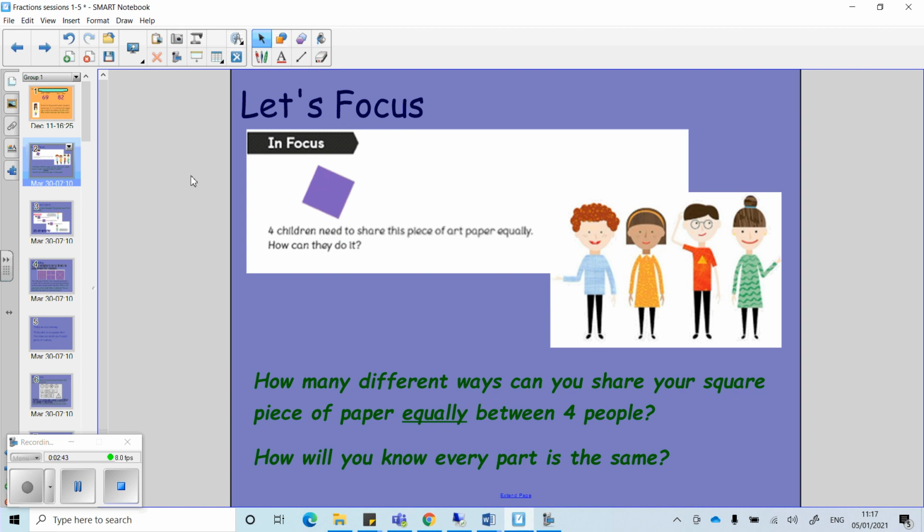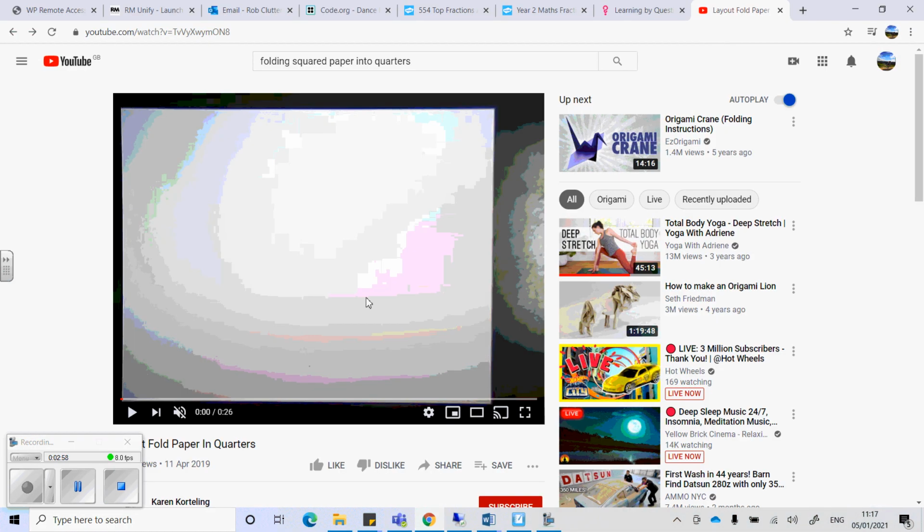Well, before we share and before we think about anything else, I'm just going to show you a quick folding video, because when we are sharing this paper today, we're going to ask you to fold. So here we have a piece of paper, and if I would like to fold my piece of paper, I'm going to make sure that the corners are always exactly lined up when I fold.